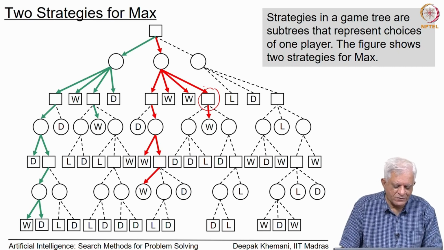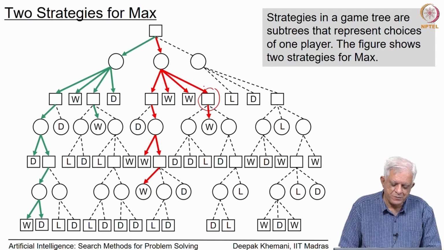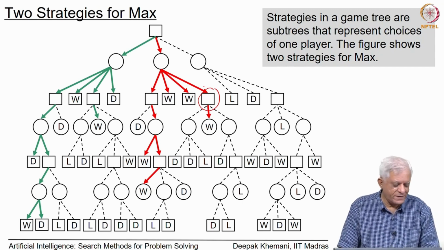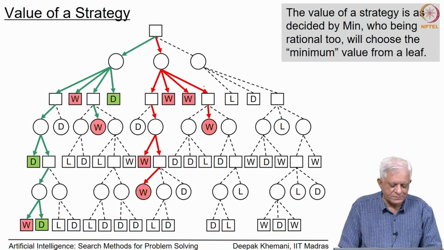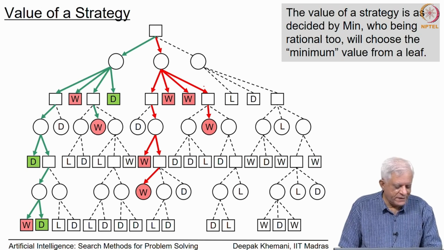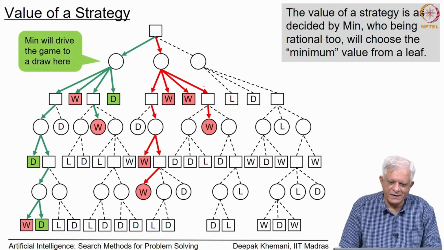Now, what do these two strategies achieve for Max? You can see the leaves in the two strategies which are colored, and in the case of the green strategy, the choices are now left to min.